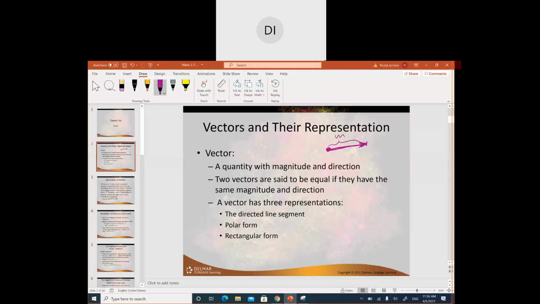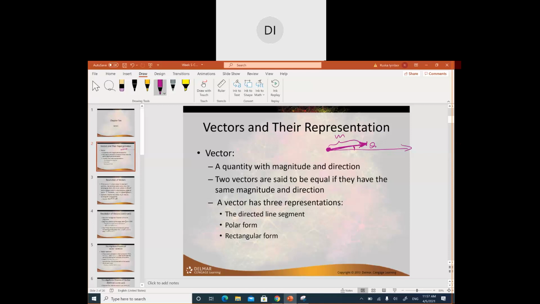So this is the magnitude. I'm going to use m. And direction is pretty much the angle with the x-axis. So this is the direction. Okay, two vectors are equal if they have the same magnitude and the same direction.